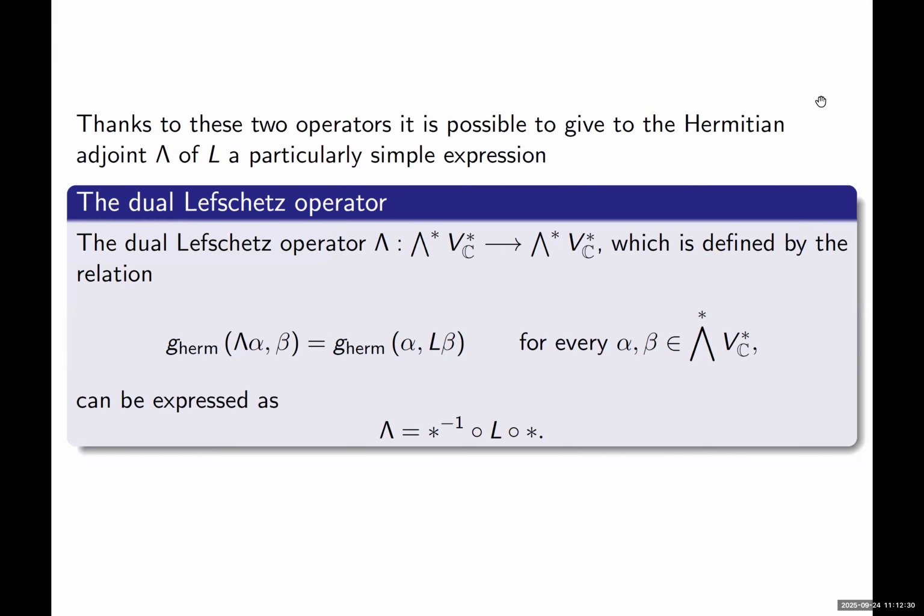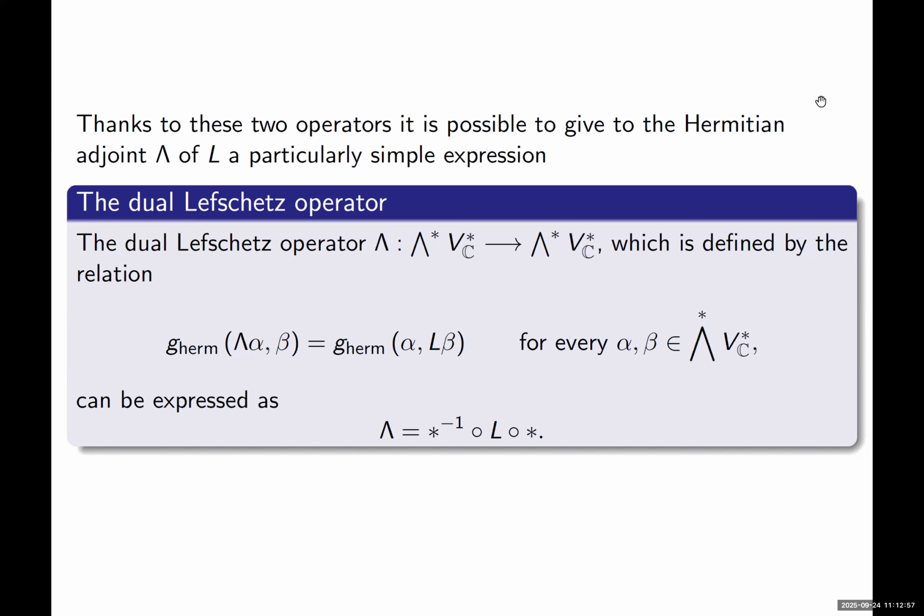Now, with these two operators, we can give to the adjoint of L with respect to the Hermitian extension of G a particularly simple expression. Theoretically, this dual operator or adjoint operator lambda is well defined, but finding an expression of it might be difficult.